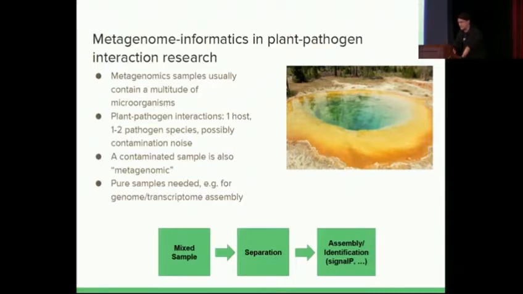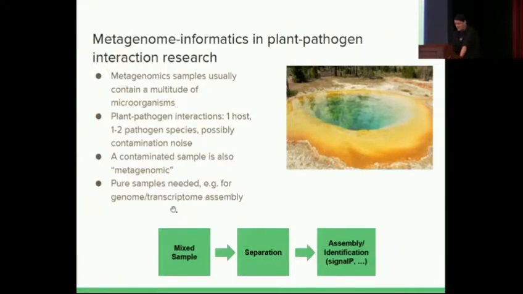What we are doing is we have one host usually, and we are expecting 1 to 2 pathogen species, depending on whether we look at an interaction, and then maybe some contamination noise. In that regard, we can also say metagenomics, or a contaminated sample of any kind, is also some kind of metagenomic.